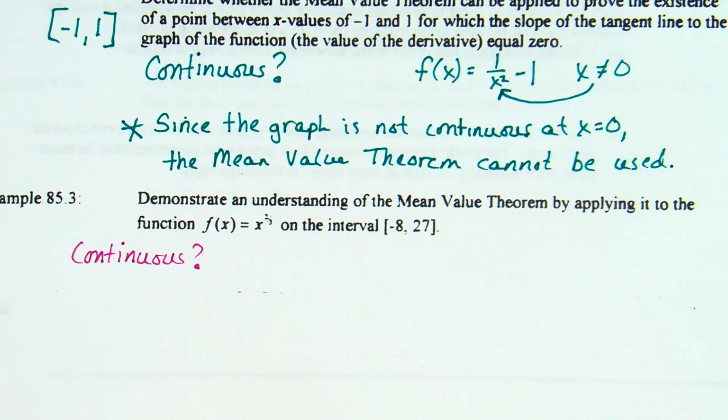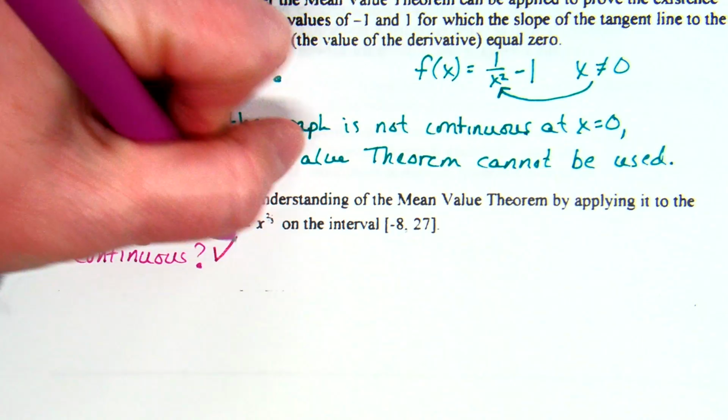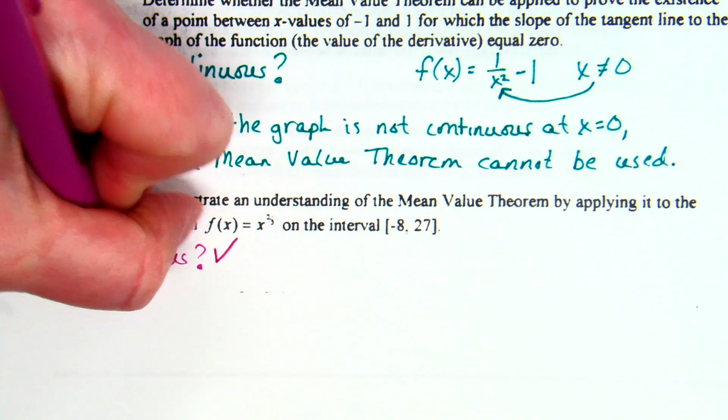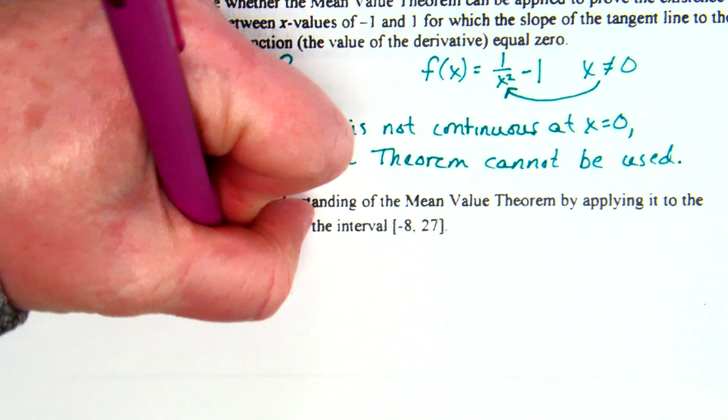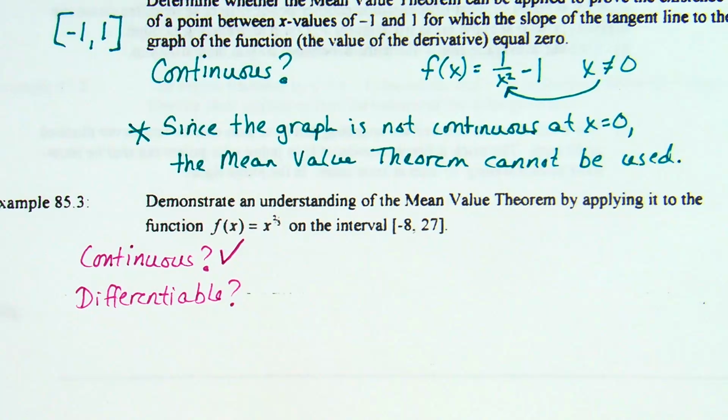So if we're going to talk about what the graph looks like, x to the 2/3, can you visualize what x to the 1/3 looks like? It's just a sideways cubic. Okay, so x to the 1/3 is a sideways cubic, right?